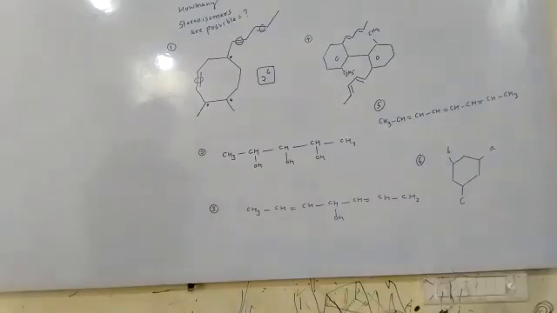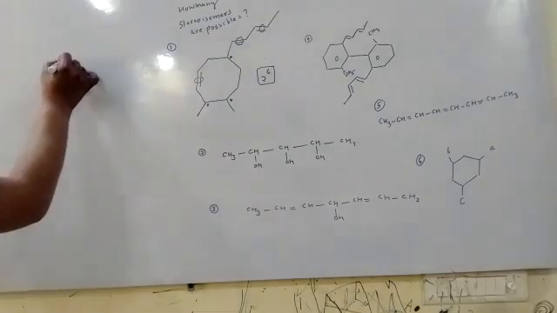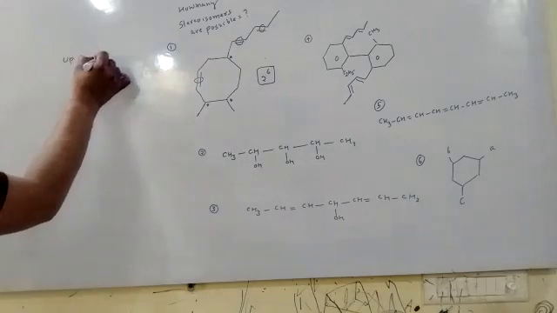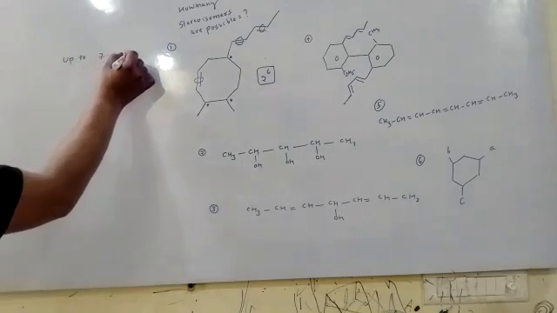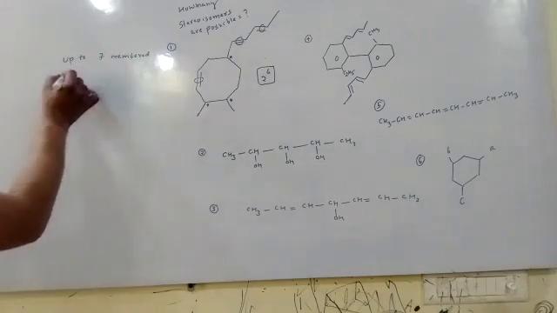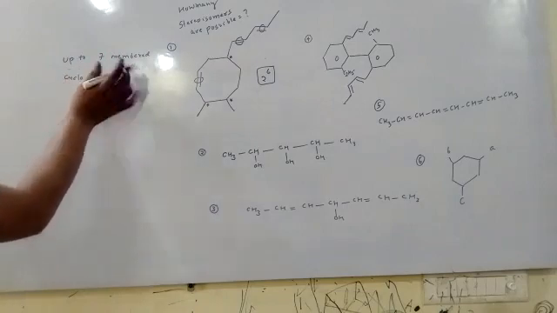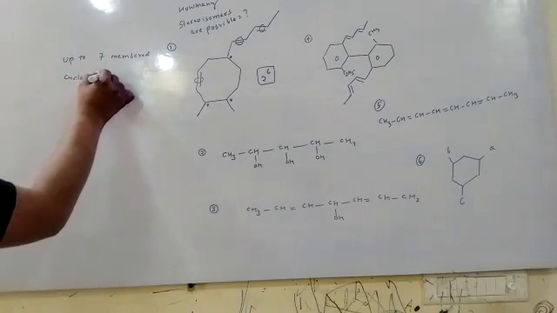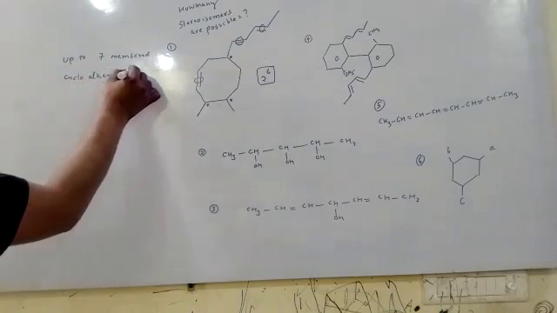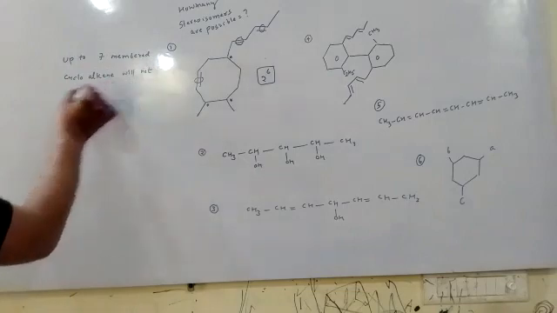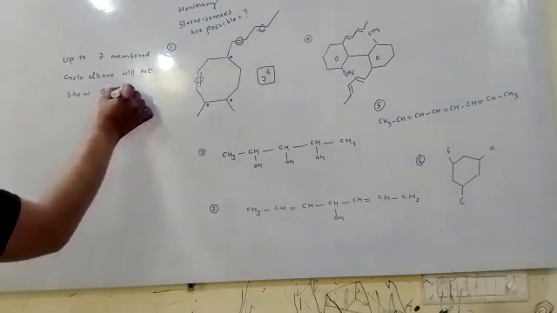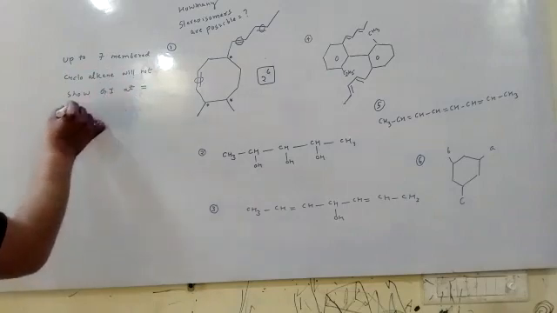There is one liner, a very important one liner. Up to 7 membered cycloalkenes will not show GI at the double bond. Okay.